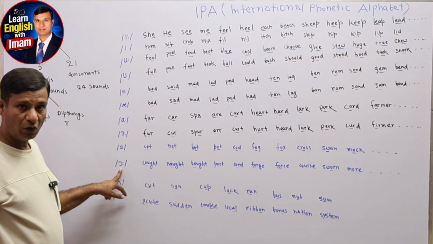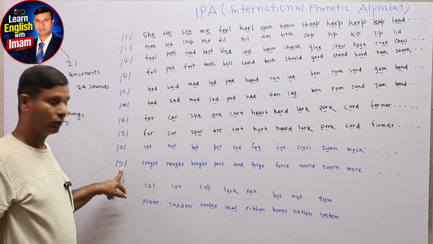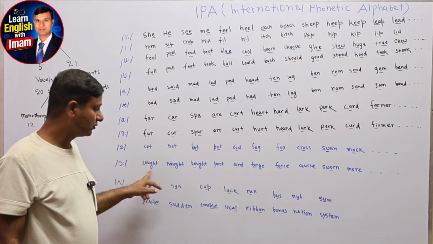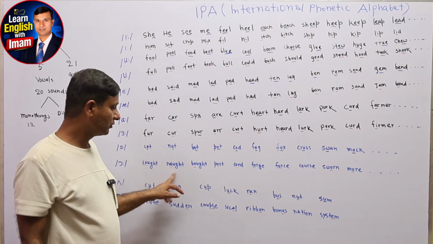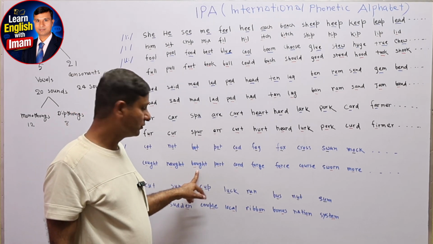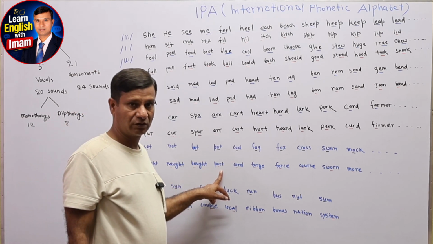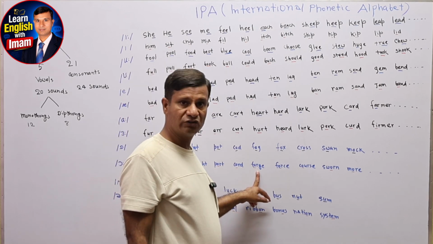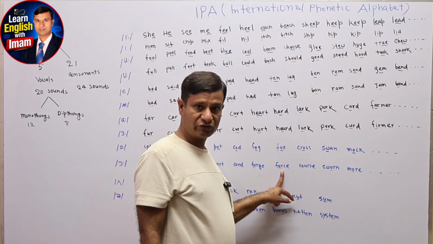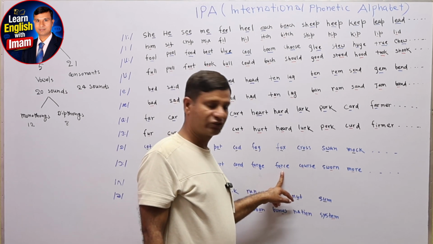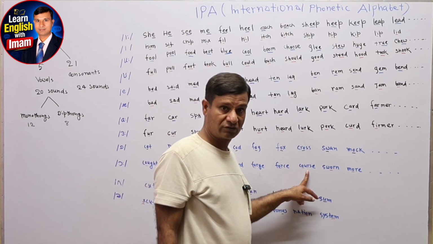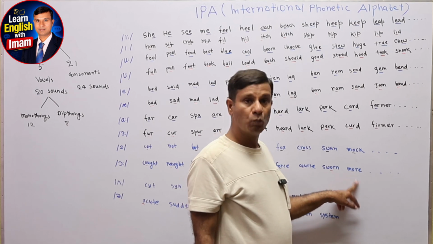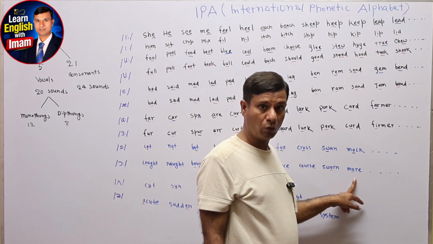We have the long vowel sound O: coat, quote, note, boat, port, cord, forge, force, course, sown, mow.